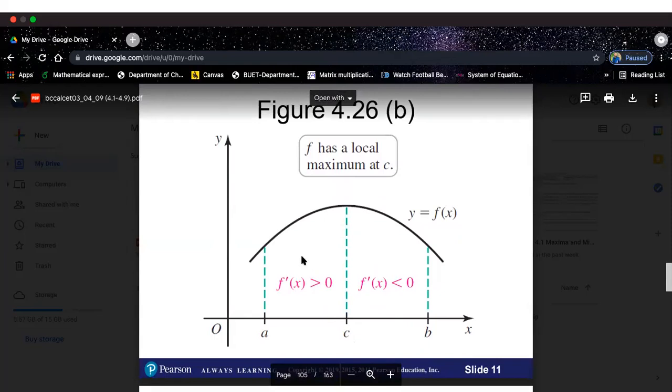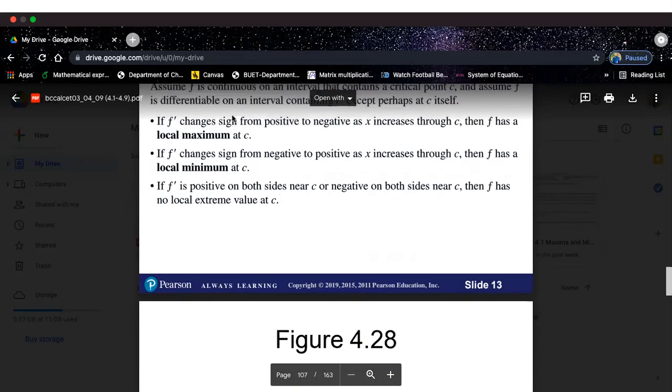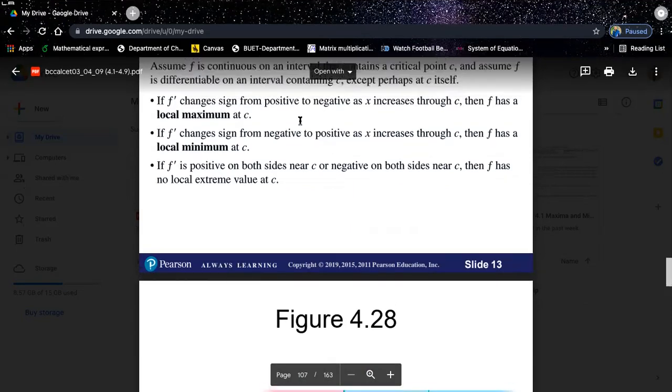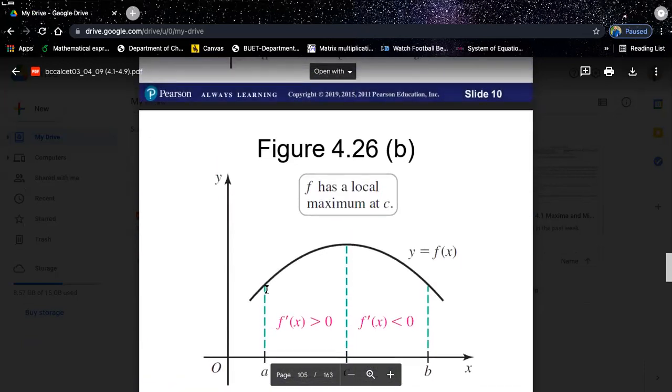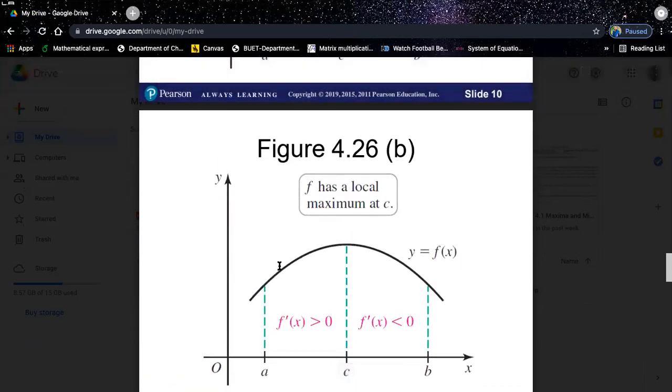And as the statement says, your first derivative changes sign from positive to negative, okay? So here you go. Your first derivative is positive here, and this is your critical point, and afterwards you can see your first derivative is negative.